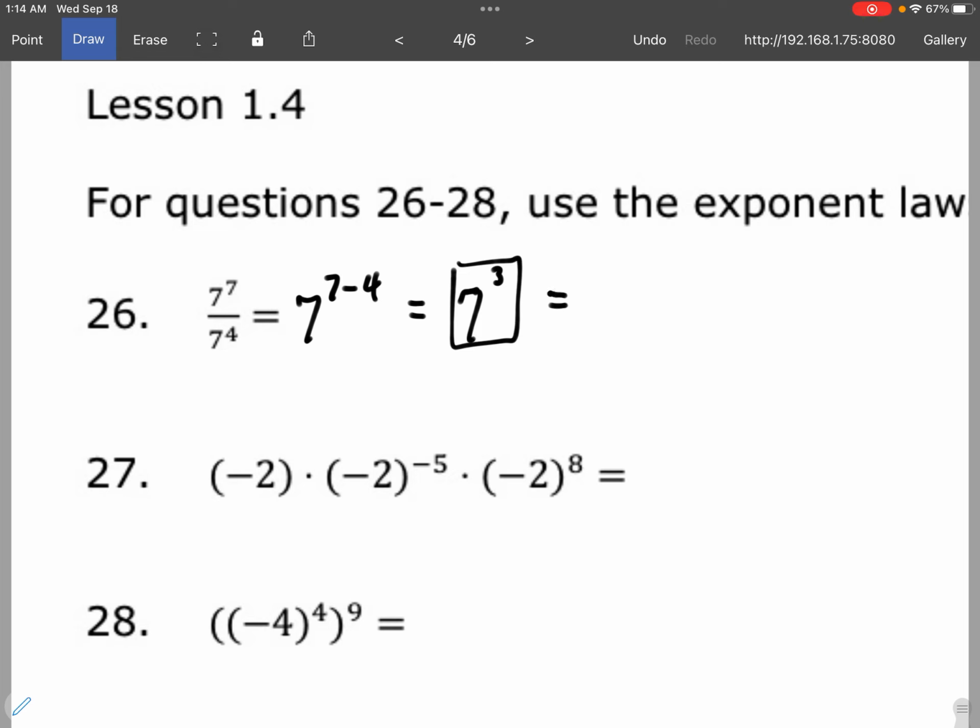We can also type in 7 to the third power, which is 7 times 7 times 7, and end up with, my fancy calculator says, 343. So these two answers are acceptable for this situation.